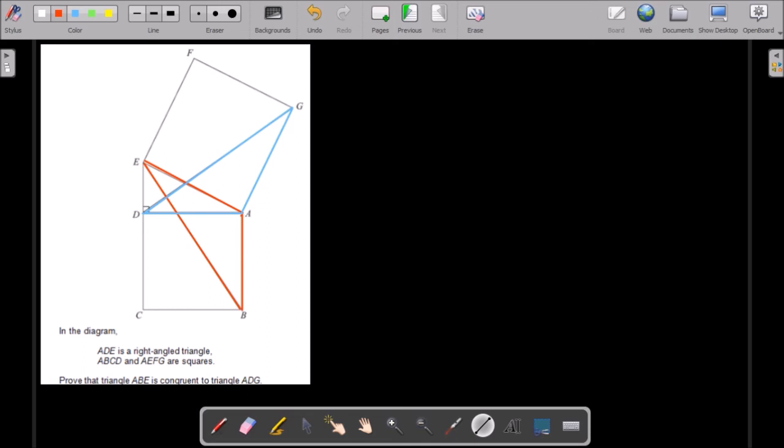Okay, that's fine. Before I get started, I need to try and figure out some information. Let's use green.